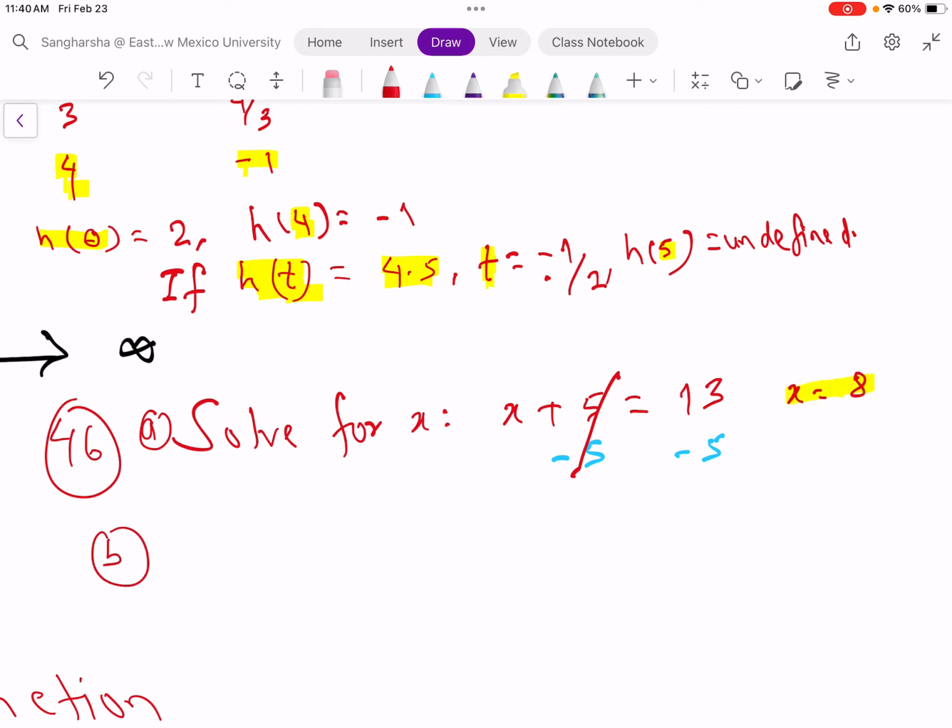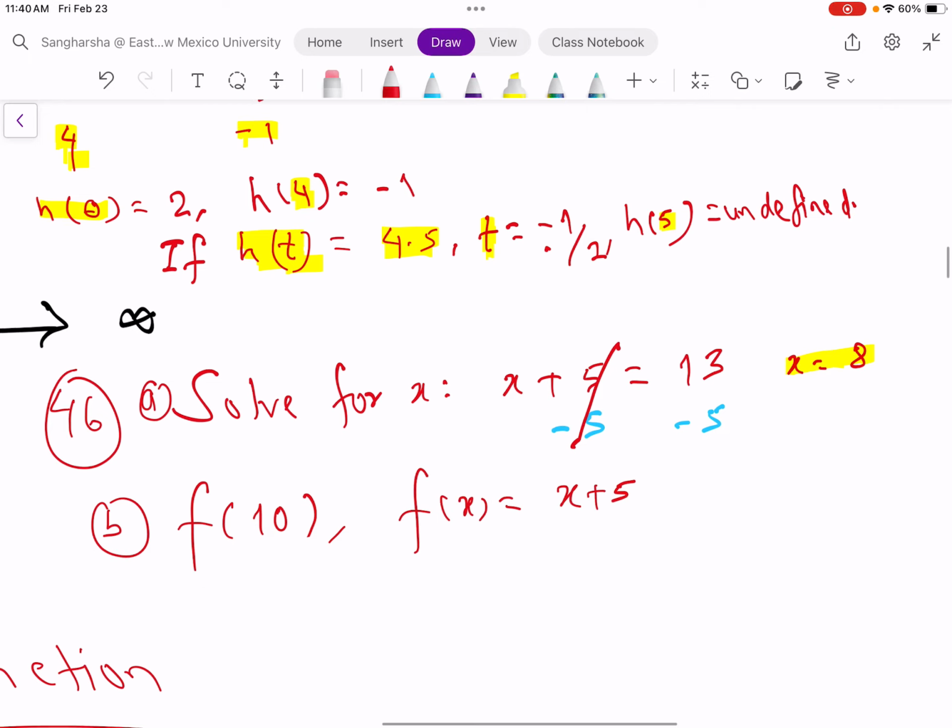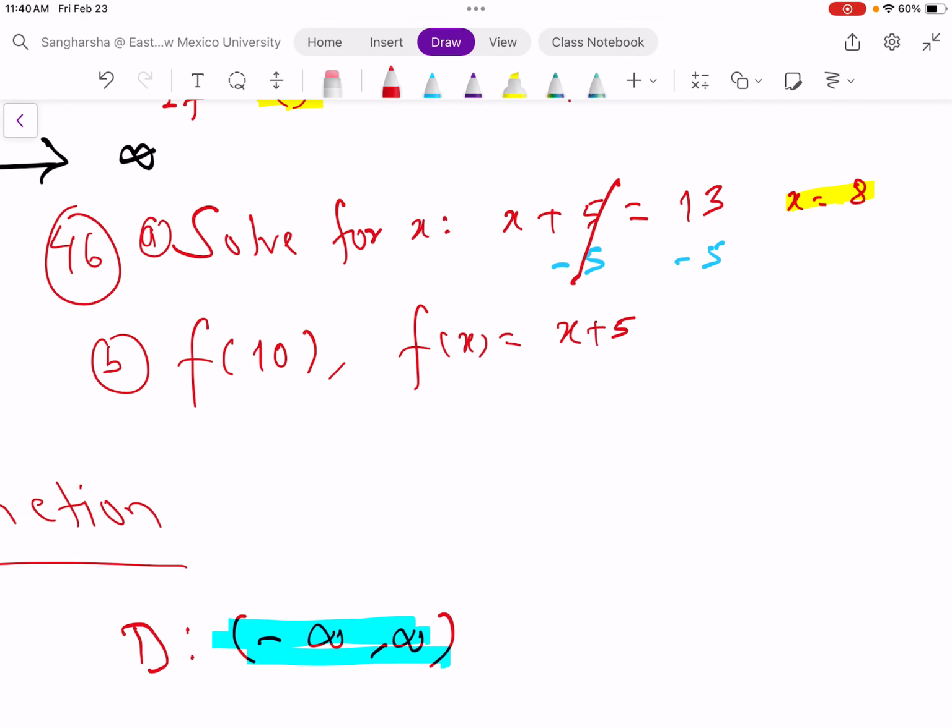Now part B, we are asked to find f of 10, and f of x is given as x plus 5. So what does it mean by finding f of 10? Are we looking for the input or output? Output. And what is the input given to us? 10.